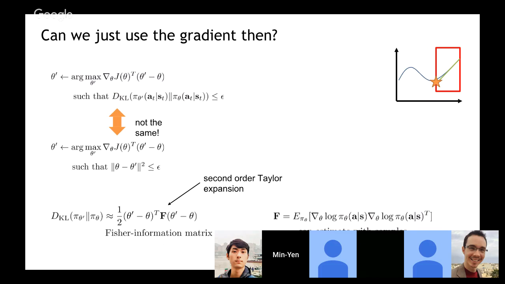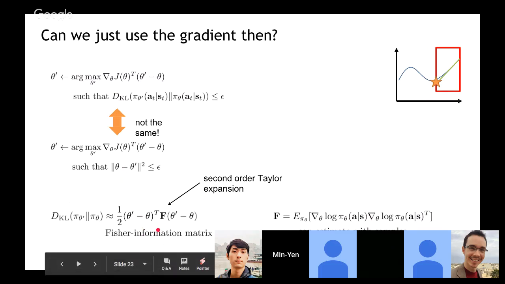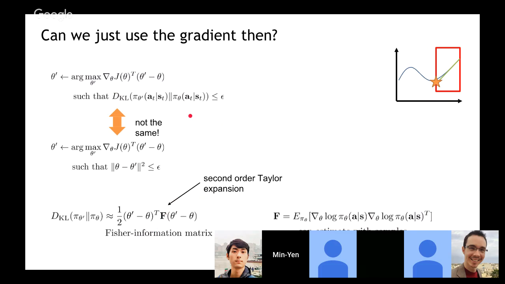So they essentially just substituted the Fisher information matrix into the KL divergence, so that the second order Taylor expansion is less than epsilon, I think, and that is equivalent to theta minus theta prime. Yeah, it brings it closer to that form.